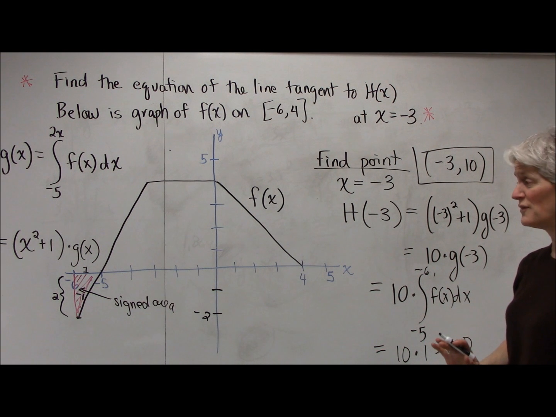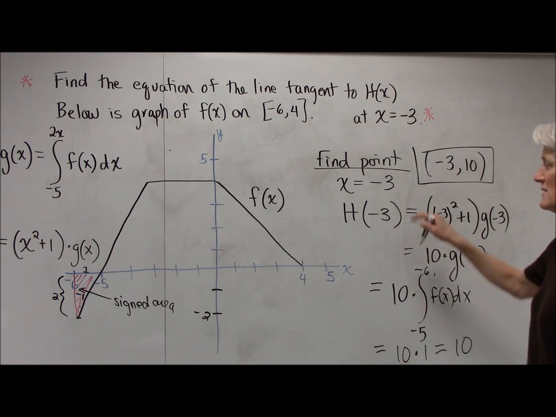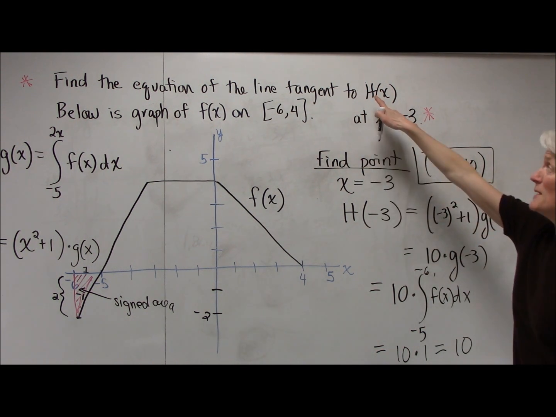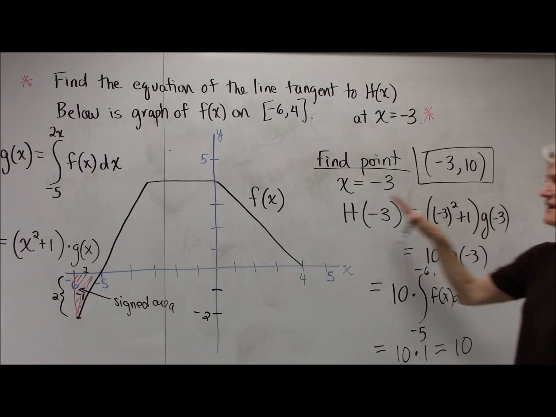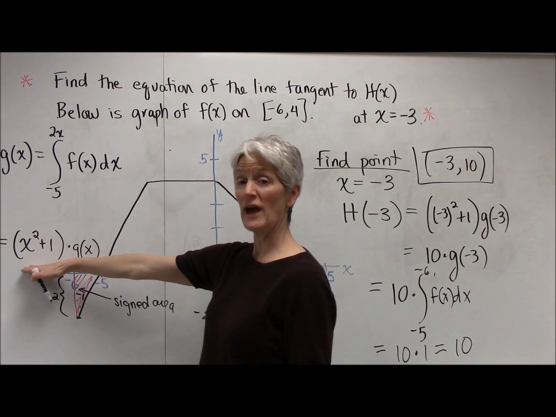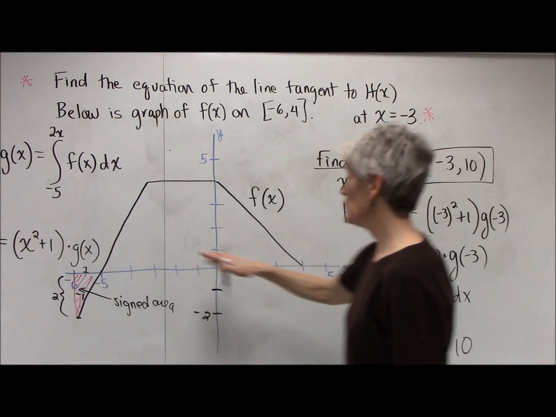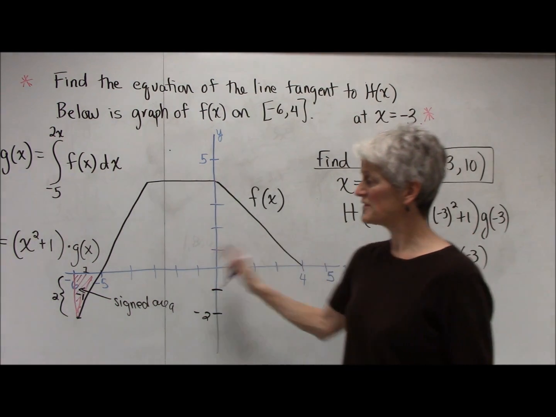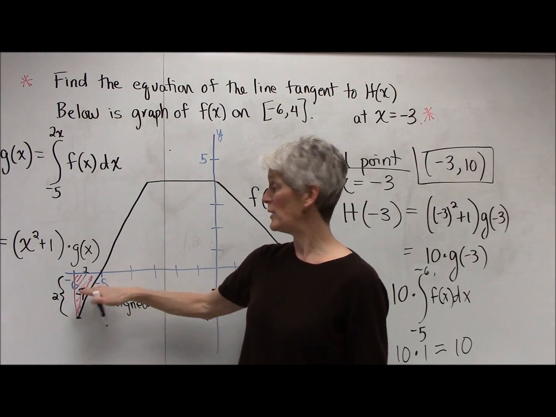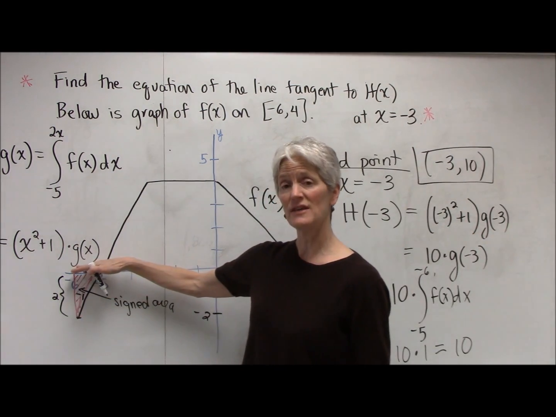Are we okay so far? Again, I'm finding the point on my tangent line at x equals negative 3. I just substituted negative 3 into my function for h of x. In order to do that, I had to find g of negative 3. G of negative 3 was the signed area between f of x and the x-axis.